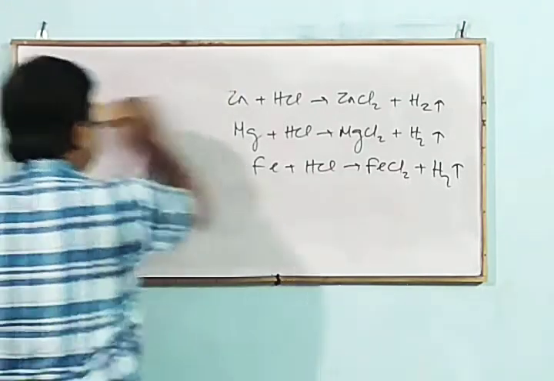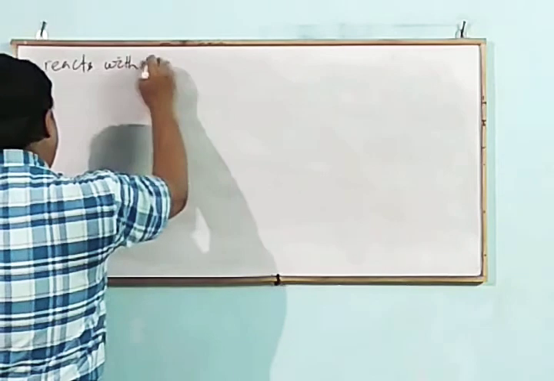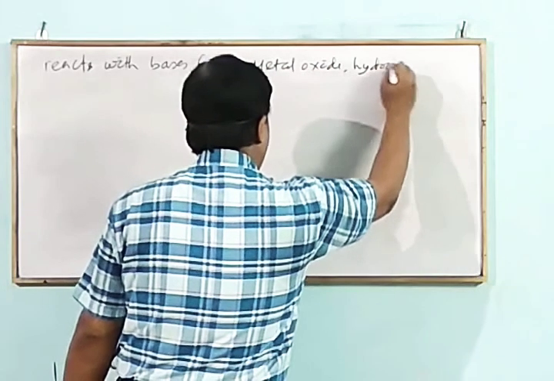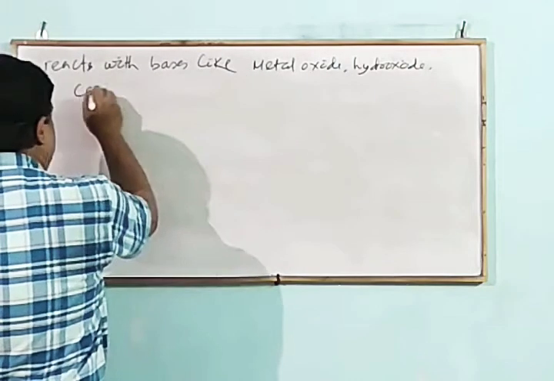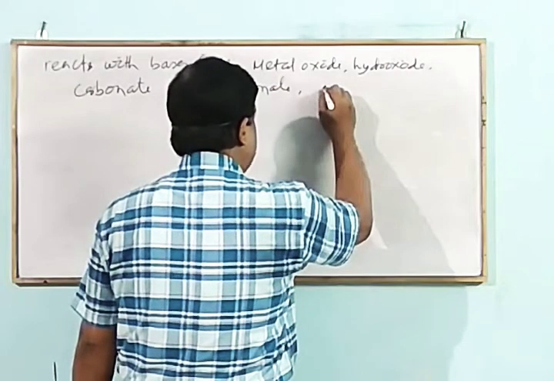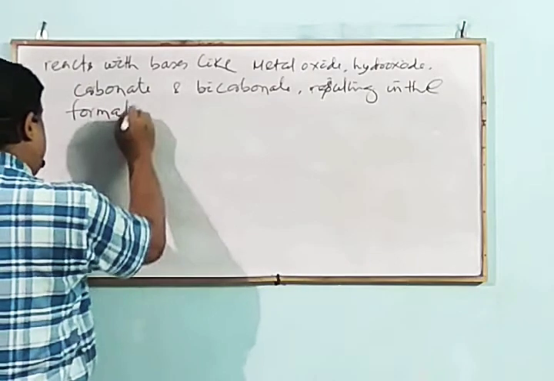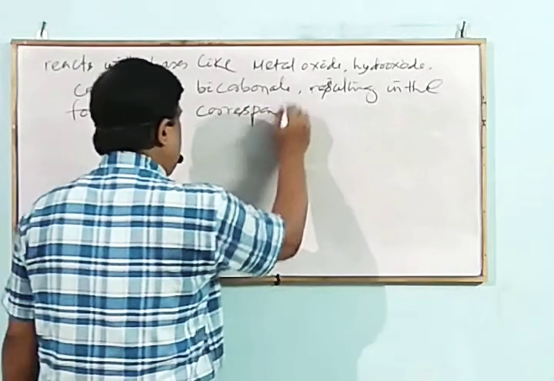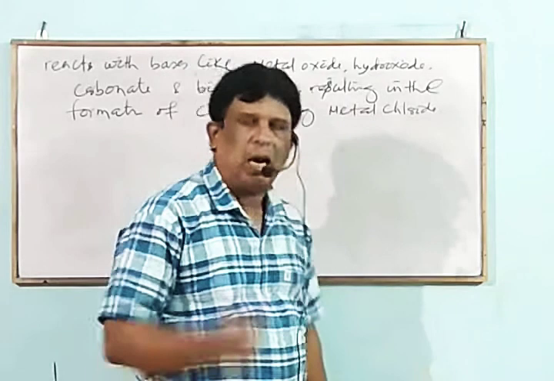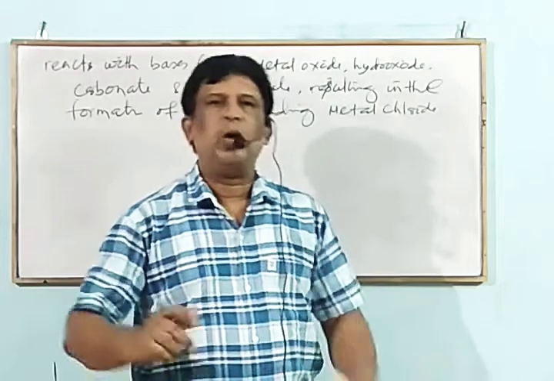Under the heading of acidic nature, as it is acid, it reacts with the bases like metal oxide, hydroxide, carbonate and bicarbonate, resulting in the formation of the corresponding metal chloride with the evolution of different gases.